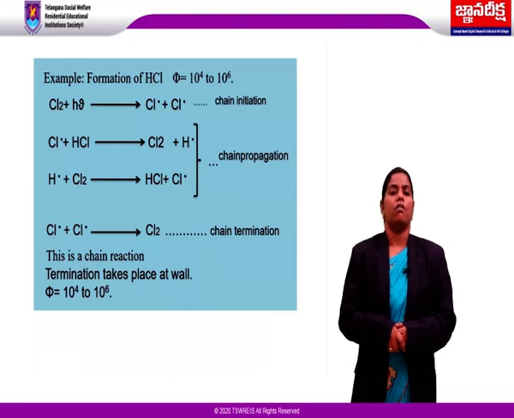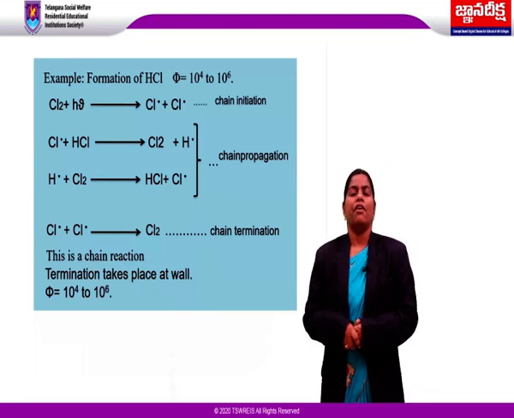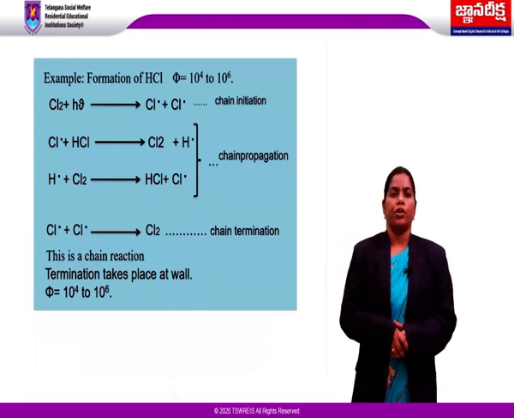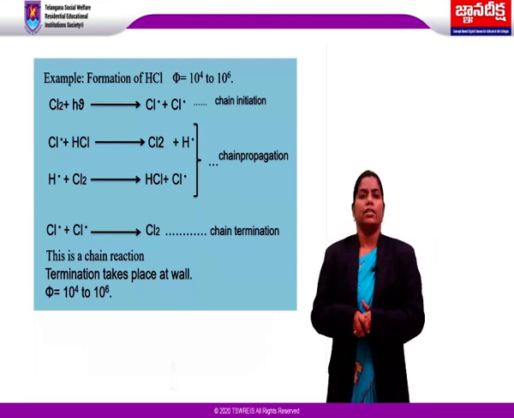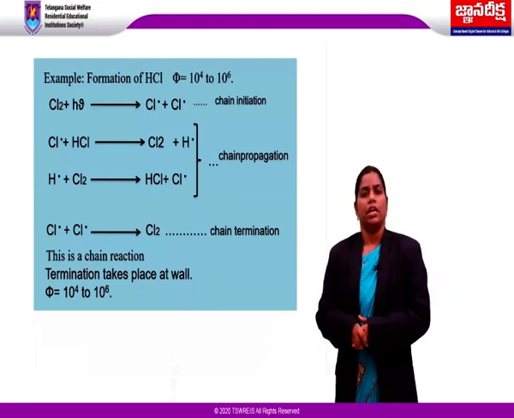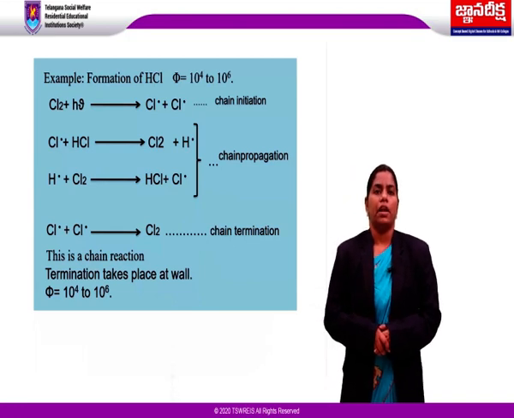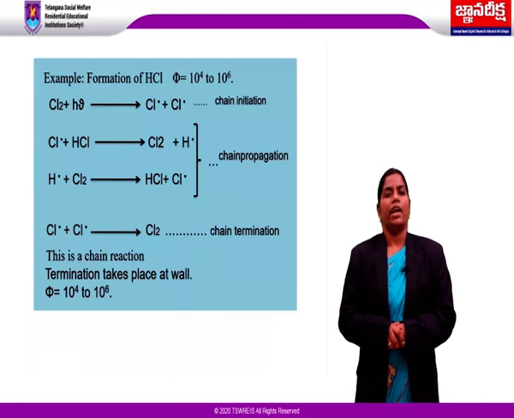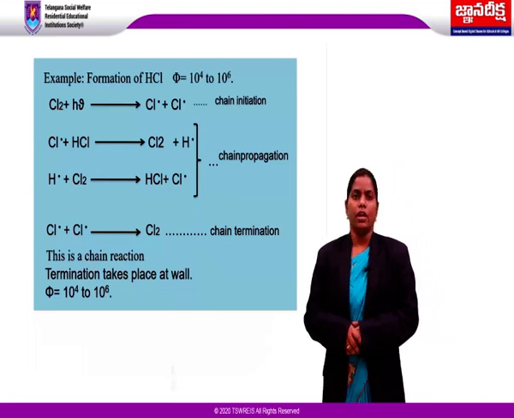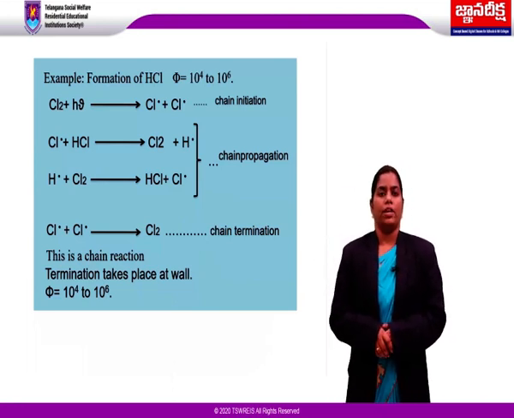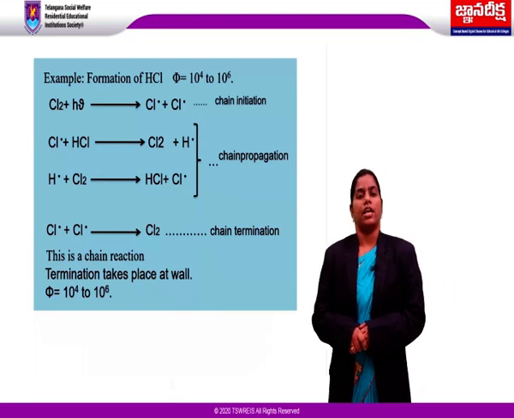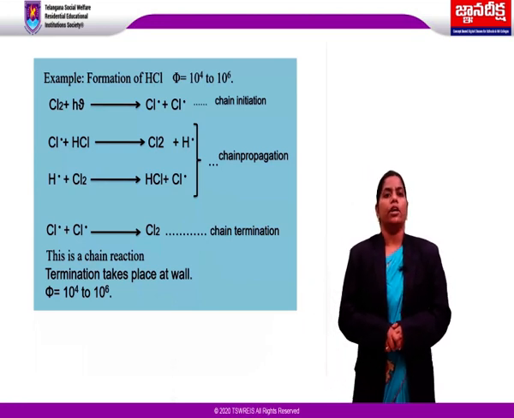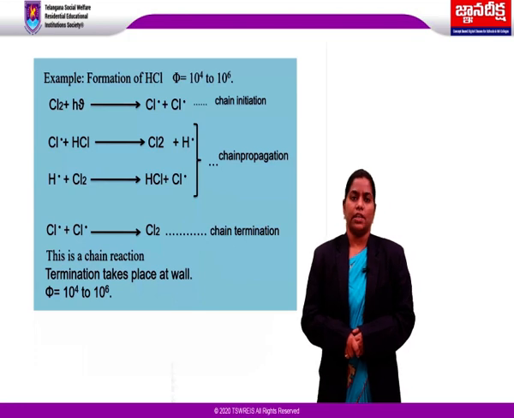The next two steps are called chain propagation steps. The reaction ends when two chlorine radicals combine to produce a Cl2 molecule, and this step is called the chain termination step. So termination takes place by recombination of the chlorine radicals to form the chlorine molecule. The quantum yield of this reaction, as I said, is 10 to the power of 4 to 10 to the power of 6.